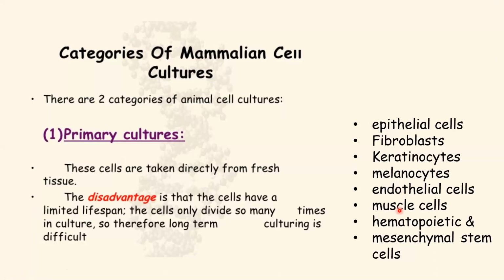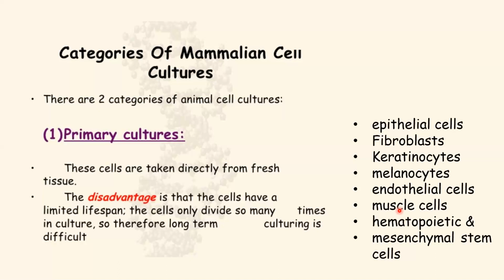Now, these are actually primary cells. We have said that they will be dividing a certain number of times, and then they will lose the capacity of division, and senescence will take place. But we can maintain these primary cells. They can be manipulated for indefinite times by subculturing through in vitro processes, which is known as transformation.